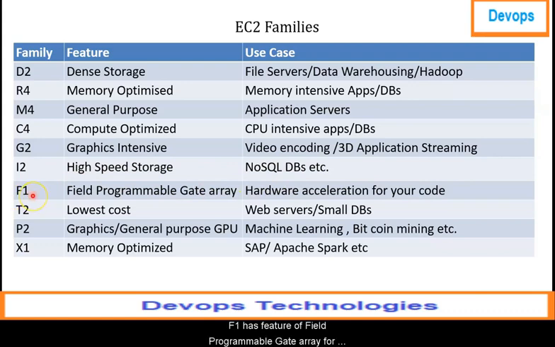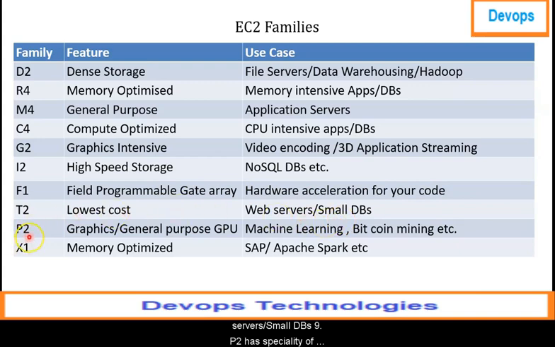Seventh one is F1, which has the feature of field programmable gate array for the use cases of hardware acceleration for your code. Eighth one is T2, which has the feature of lower cost for use cases of web servers, small DBs.